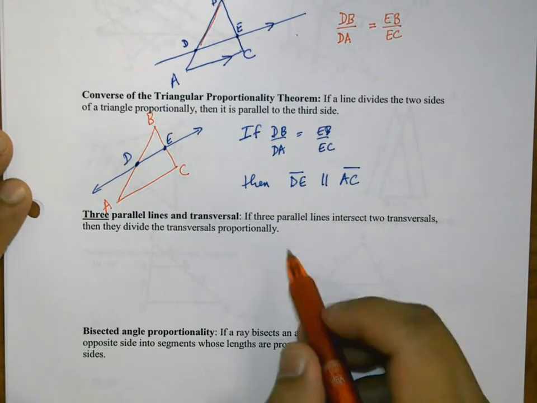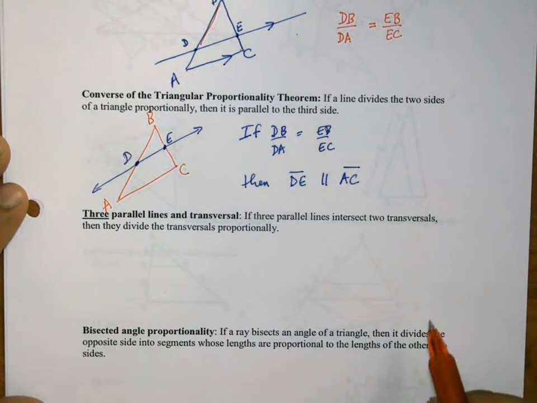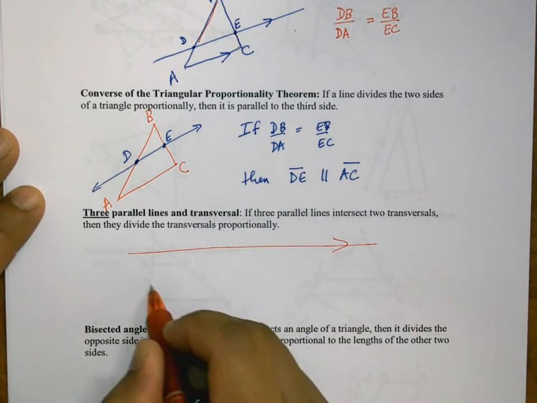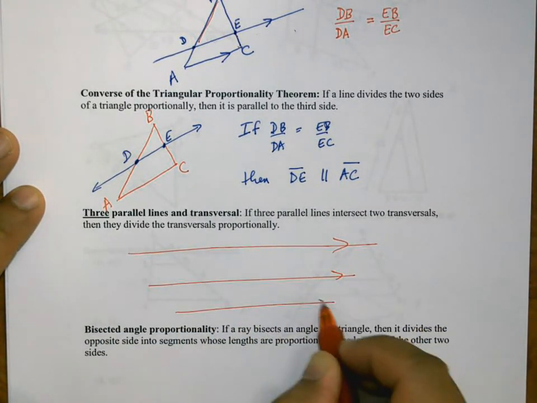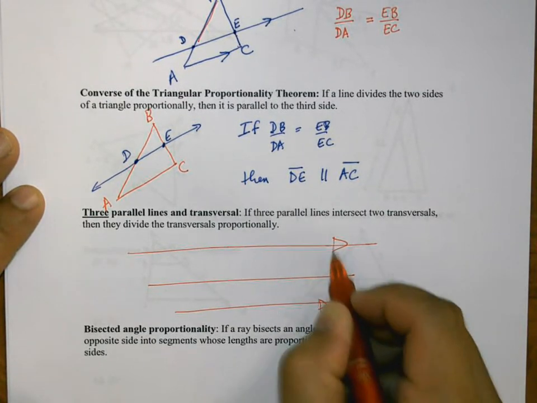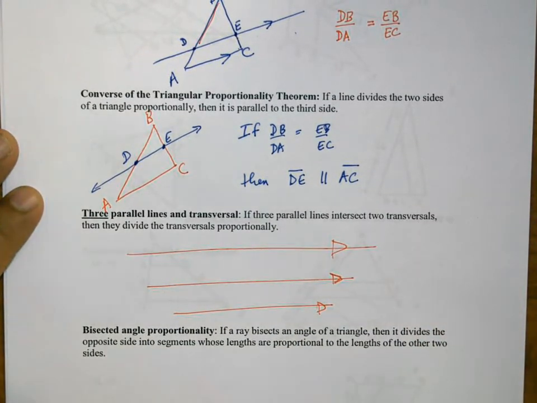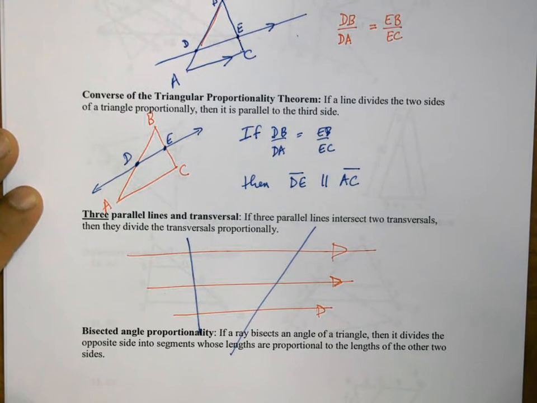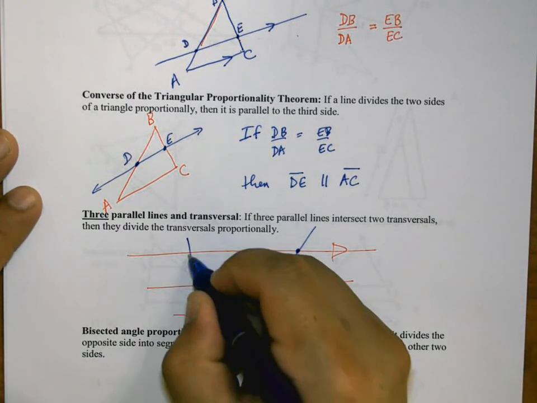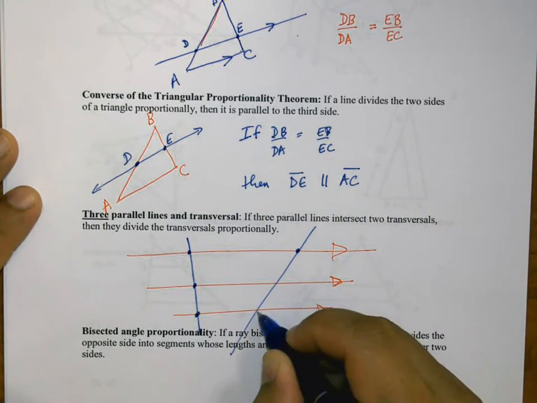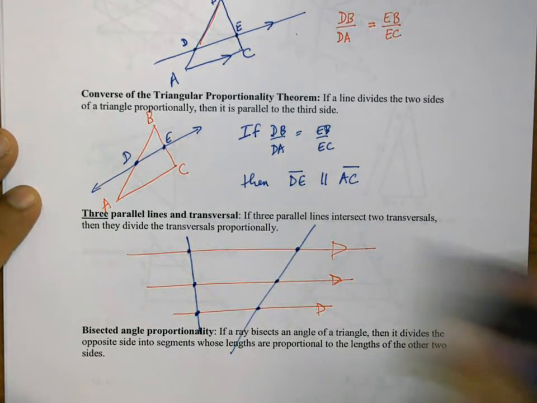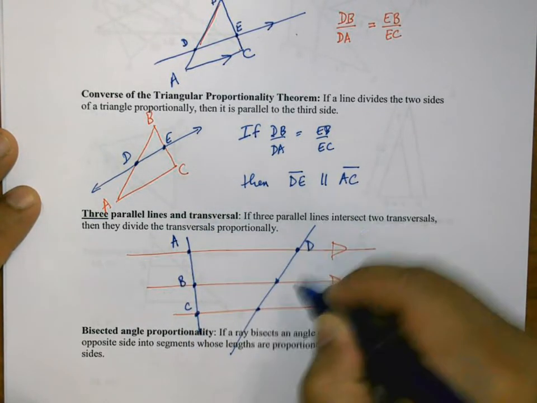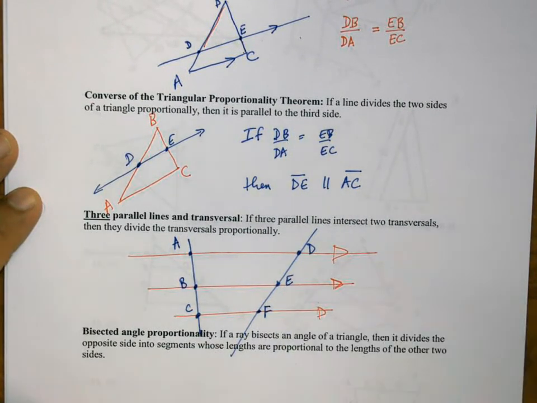So just moving along, if three parallel lines intersect two transversals, so let me give three parallel lines here, here, and here. Okay. These three lines are parallel to each other, and then I throw in a couple transversals. Okay, so the blue lines here are our transversals. So this is similar to what we had earlier with two parallel lines and one transversal. And I'm going to name these points A, B, C, D, E, F. Okay.